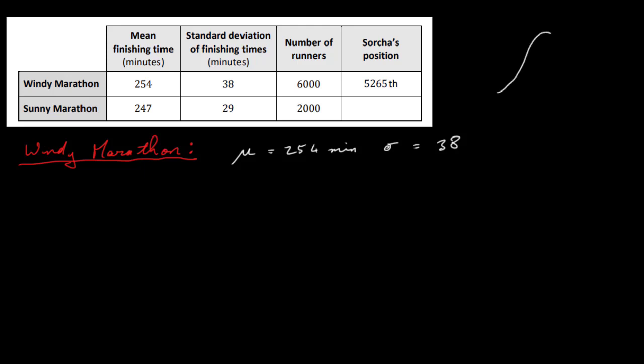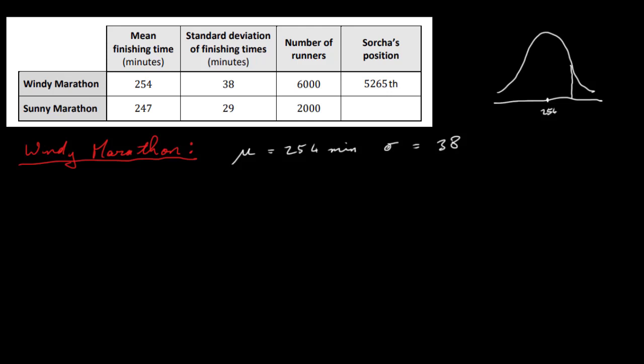So really what we're looking at here is the mean here. Well, that's the mean finishing time, but if we look at the position, let's say 254 here, but if we look at her finishing somewhere around here, what we've got to do is work out the percentage of runners who actually finished before her. In other words, those who had quicker times than her.